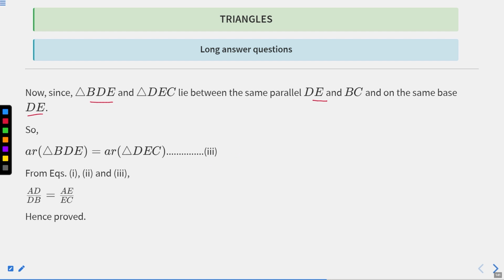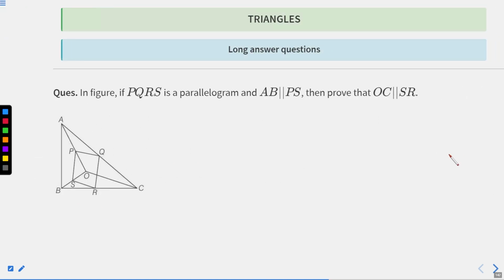Naming this 3. Now from equations 1, 2, and 3, we get AD over DB is equal to AE over EC, hence proved. Now let us move to the next question.